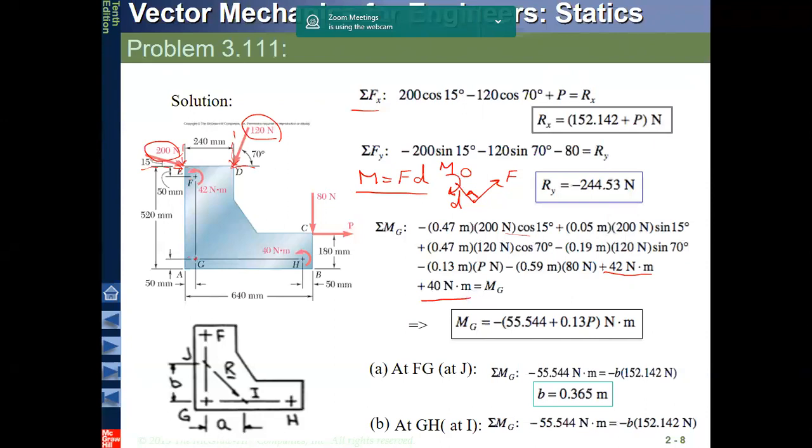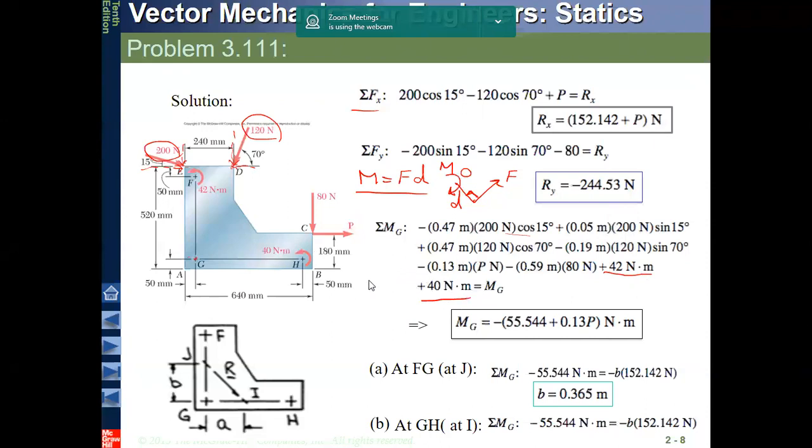That's why we pick point G. Just to clarify the signs, you can see that the clockwise moment is defined as negative and counterclockwise as positive. So we have two couples counterclockwise, so we get two positive couples, and this is important.